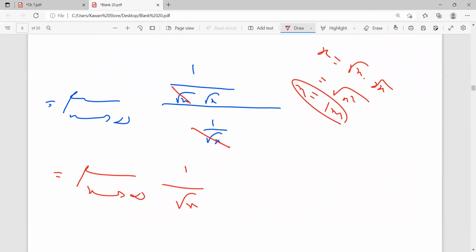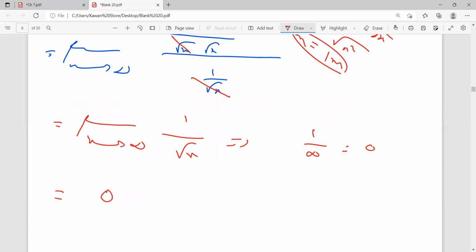Am I right? Now, what shall we do? Substitute. So it's equal to what? 1 over infinity. 1 over infinity is equal to 0. So that's why I say it is equal to 0. Understood? Easy?